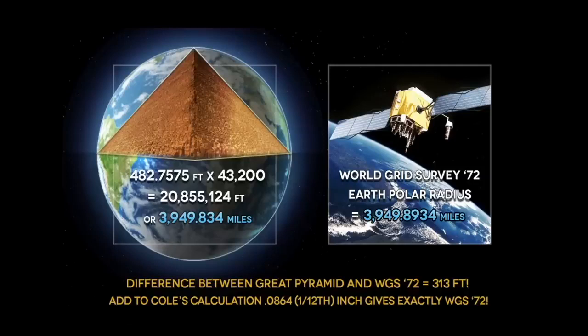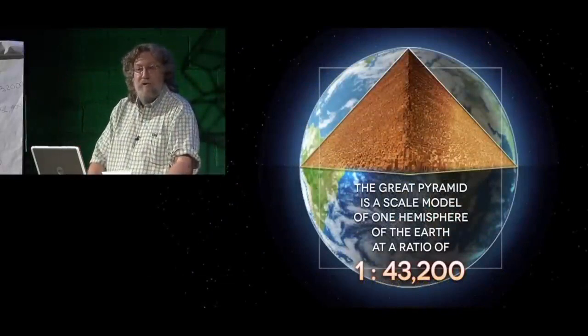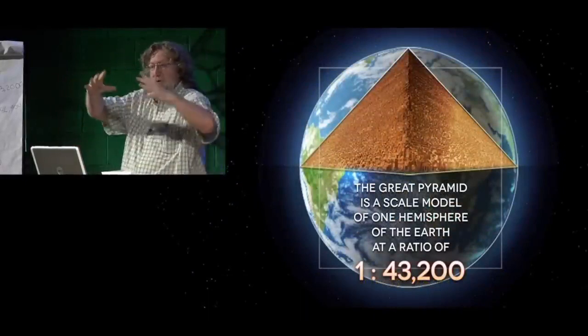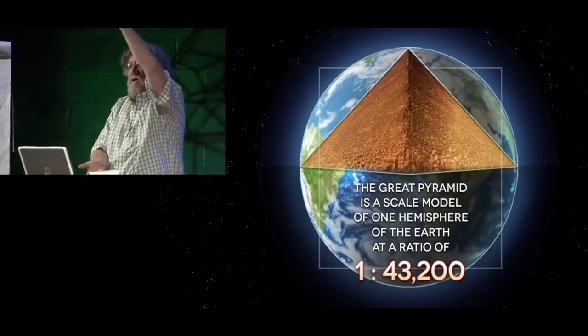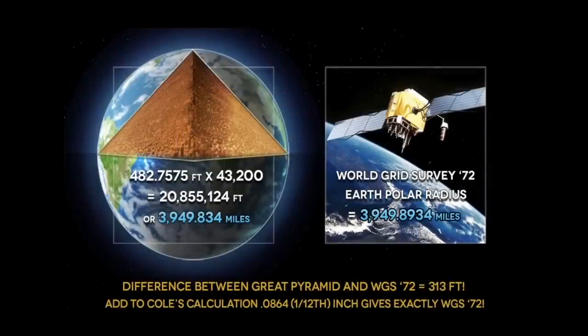So we have essentially the pyramid being a scale model of the Earth, the northern hemisphere, at a scale of 43,200 to 1. If we take the pyramid, enlarge it by 43,200, its height, including the socle, now becomes the polar radius of the Earth within 300 feet of our satellite surveys.